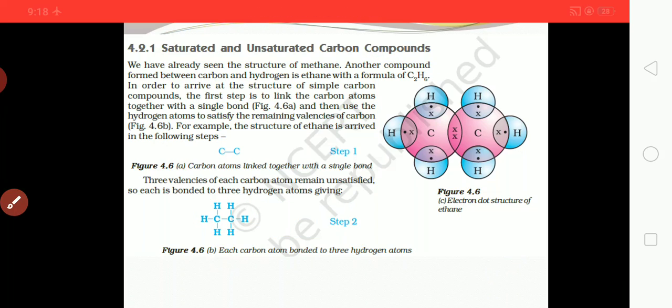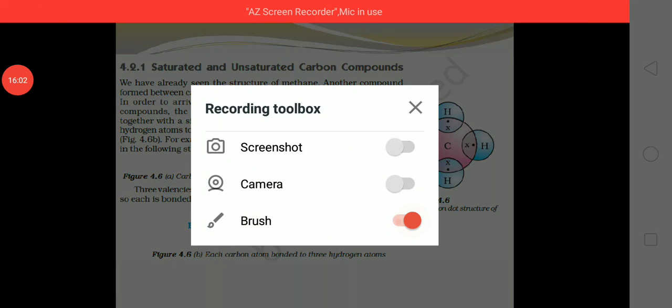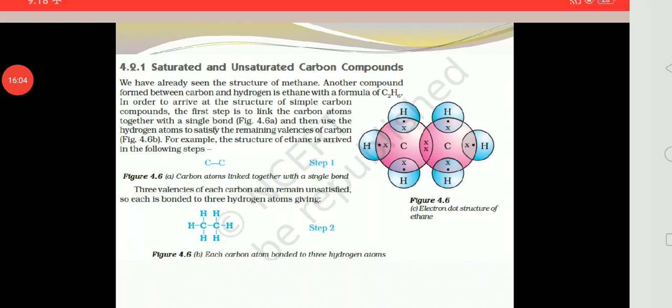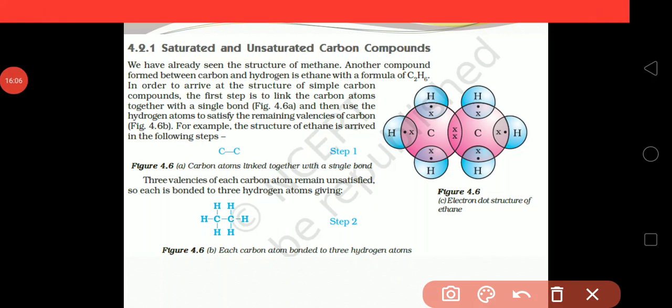Three valency of each of them, we have just discussed. Once again I am repeating: two carbons are there, both attached with a single bond.